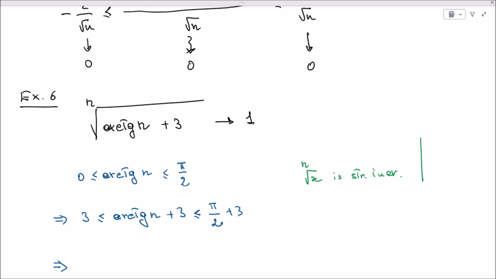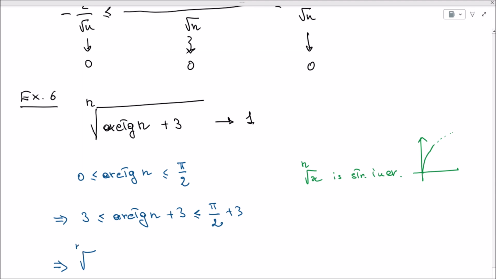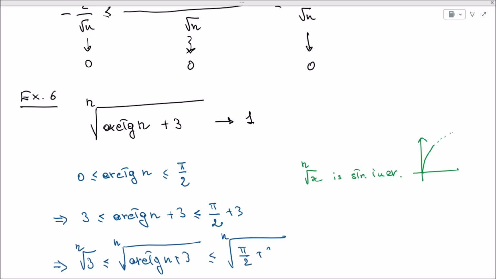Therefore, because it is a function with this behavior, so it is injective, the same inequality holds, and we can write that the nth root of 3 will be less than or equal to the nth root of the arc tangent of n plus 3, less than or equal to the nth root of pi over 2 plus 3.